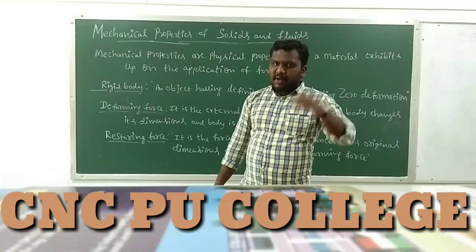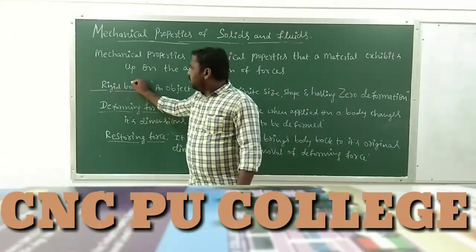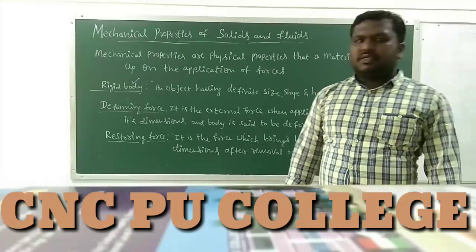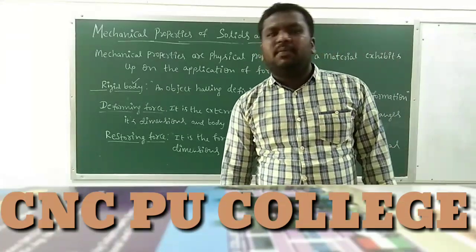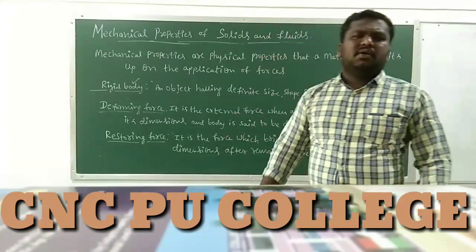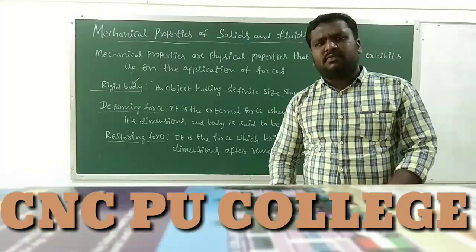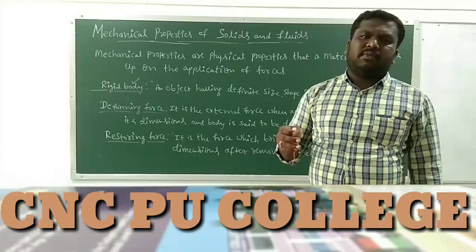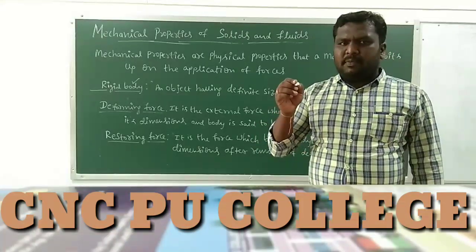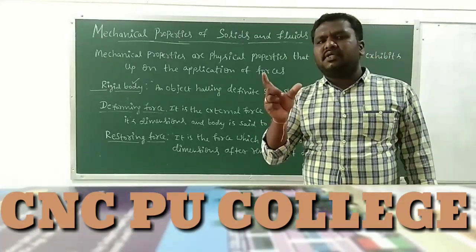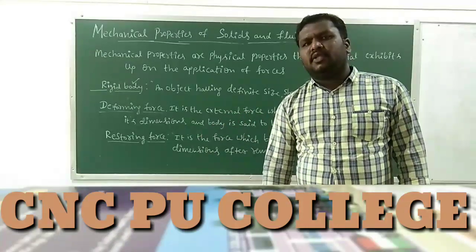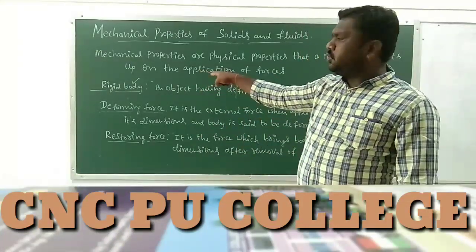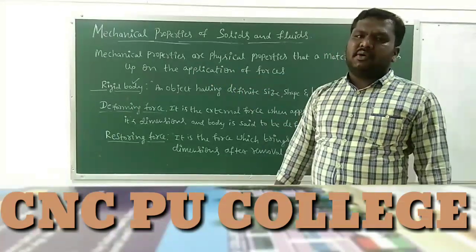That means in practice there is no perfect rigid body, because by applying a huge amount of force, we can change the size and shape. So, if the deformation is negligible, if the deformation is very small, such objects are considered to be rigid bodies.